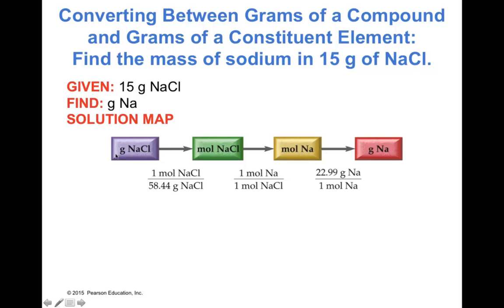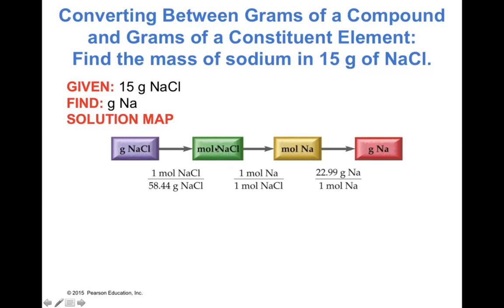So here we have basically our solution map. We start with the mass of the compound because that's what we have in the problem, 50 grams, the mass of sodium chloride. So from the mass, we can go to the moles using the molar mass of the compound sodium chloride, that is 58.44 grams over 1 mole, and we use this rearrangement of that molar mass so we can cancel the units of mass of sodium chloride.